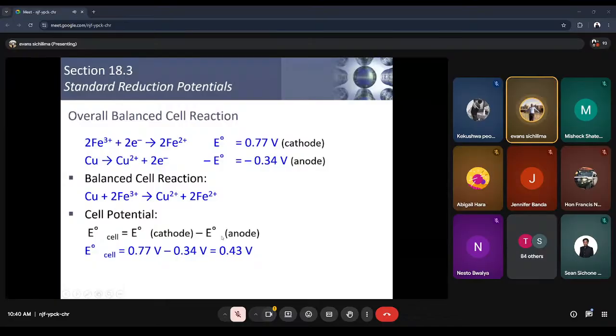So E cell, therefore, the cathode is here 0.77 minus 0.34, which is the anode, and it gives you this value 0.43 volts.